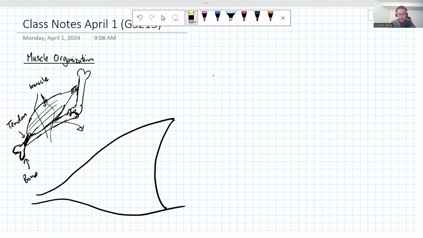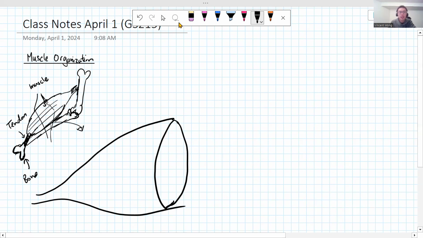There we go. There is the muscle. So that again is the tendon. And then this is the muscle. And then when we cut it open.